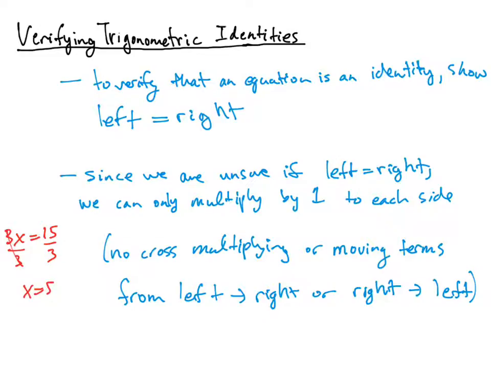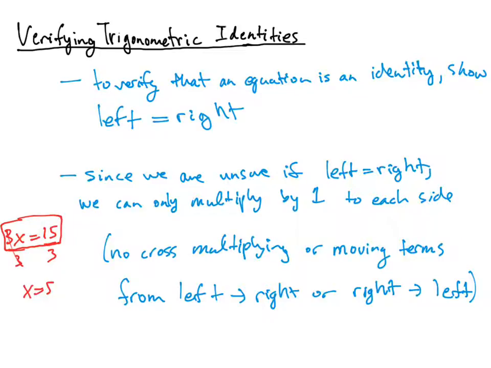X is equal to 5 because we know at the very beginning 3x must be equal to 15. However, when we're verifying a trig identity, we don't yet know that the left side is equal to the right side. So we can't just do the same thing on the left as we do to the right as we would when we're solving an algebraic equation.